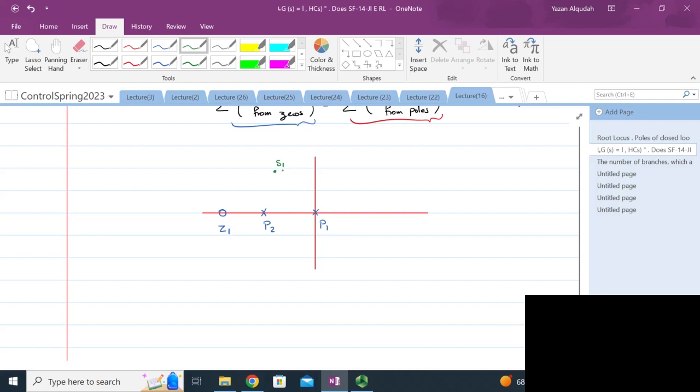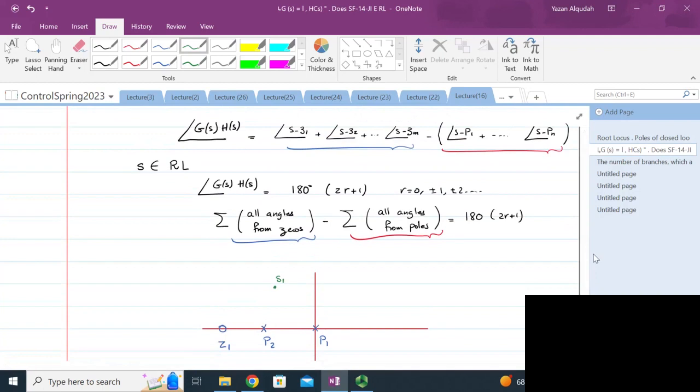I'm going to take the angles from the zeros minus the summation of the angles from the poles. If it is 180 degrees, then it belongs. Make sense? This is what we've done here. This is what we're saying here: the angle from Z1 to S1, plus the angle from Z2, minus the angles from the poles.